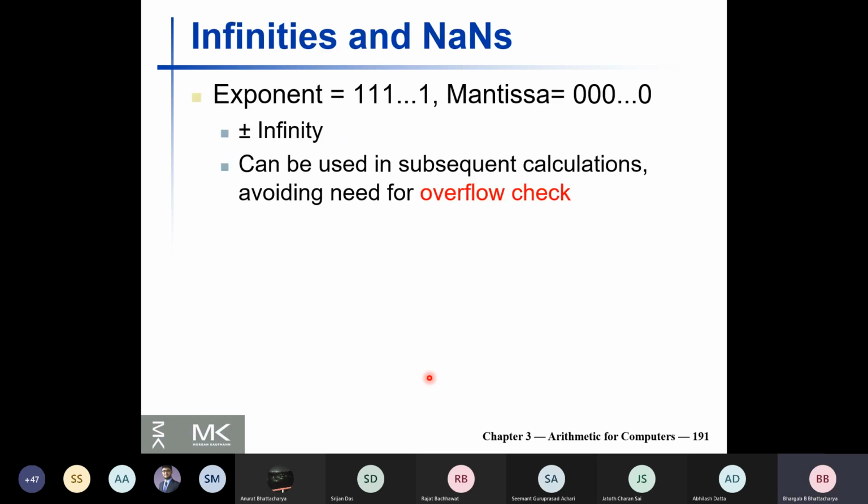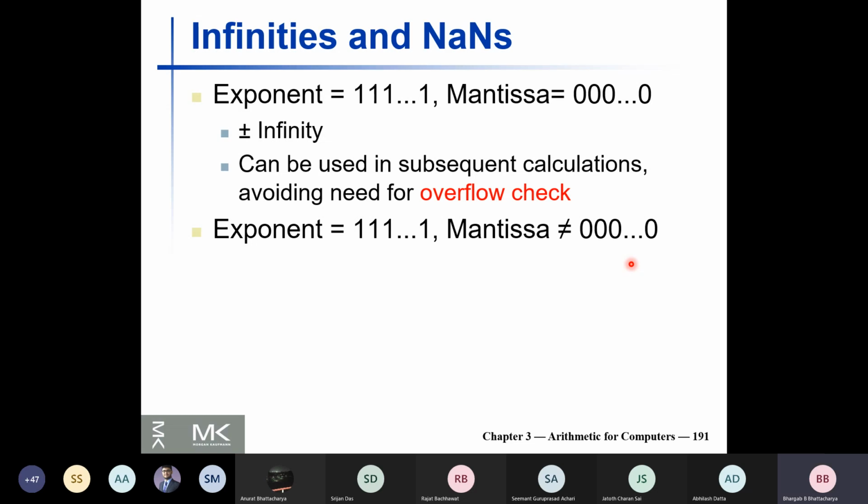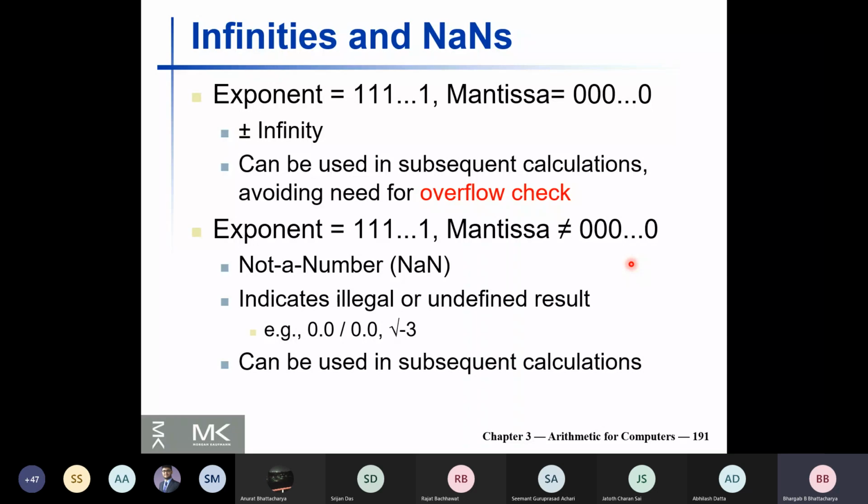Infinity and not a number. If the exponent is all 1 and the mantissa is all 0, it is plus or minus infinity, which can be used in subsequent calculation, avoiding the need for overflow check. You can reset to infinity. If the exponent is all 1 and the mantissa is non-zero, it is not a number. This is used to represent something illegal, like 0 by 0, root over minus 3, 0 times infinity, something like that.